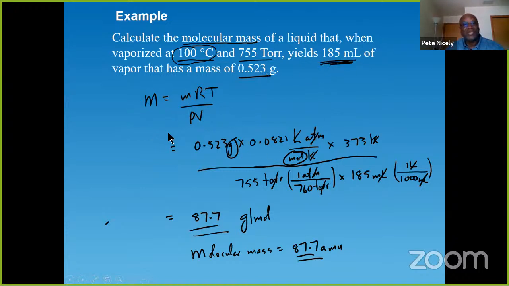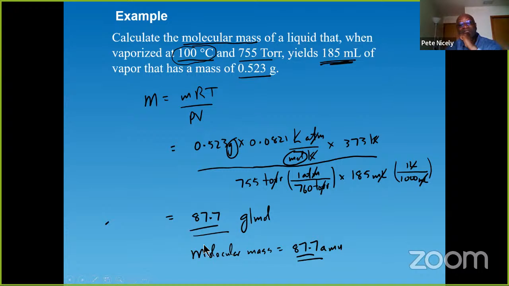So we're using the same equation. M, uppercase M, is equal to mRT divided by PV. Little m is 0.523. R, of course, is always going to be 0.0821. The temperature now is 100 degrees Celsius, which is equal to 373 Kelvin. The pressure is 755 torr, but we have to multiply it by this conversion factor to convert it to atmospheres. And the 185 mL, we have to multiply by this conversion factor to convert it to liters.